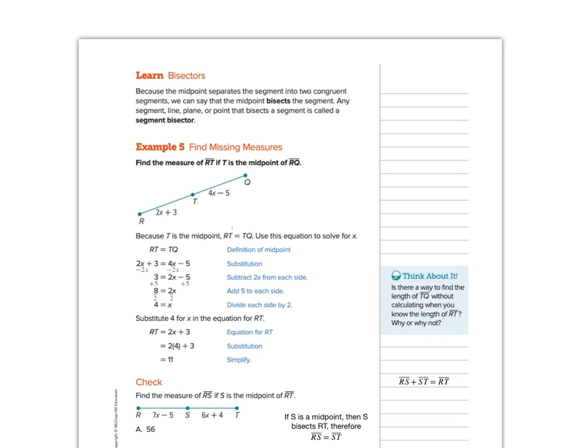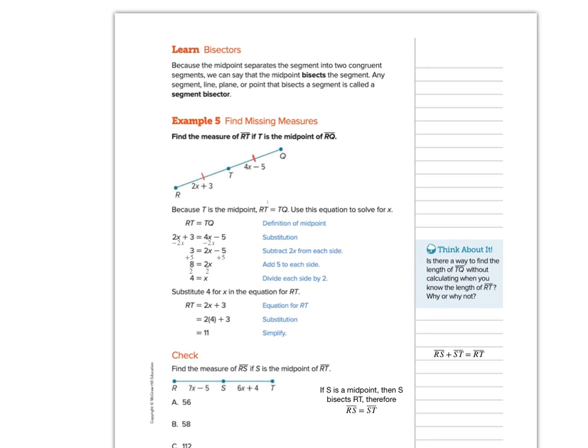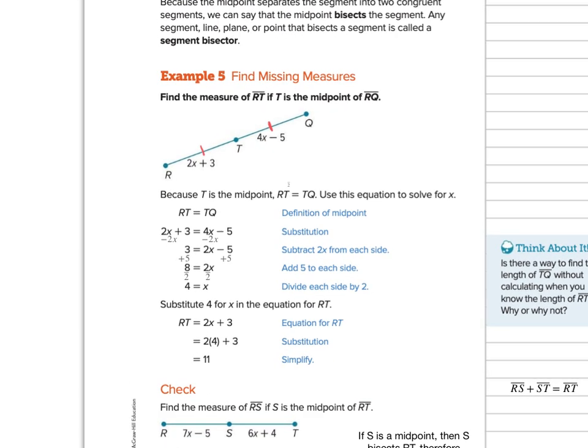Bisectors, again, as I continue with this, and we talk about a midpoint bisects something in half, and understanding a segment bisector means that the two pieces are going to be equal to each other. And if they're equal to each other, we learn that they're congruent. If they're congruent, we can make them equal to each other and solve. So just understanding what bisect means, it means we have a midpoint, means two things are equal.